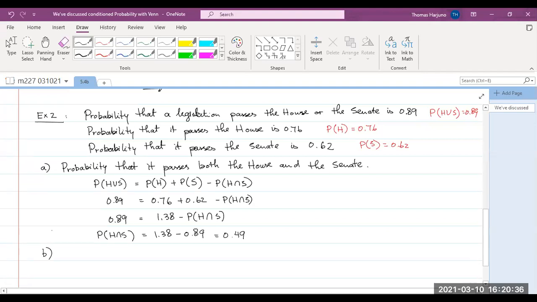Now, the thing is, if the legislation passed the House, so we know that it already passed the House, what is the probability it also passes the Senate?